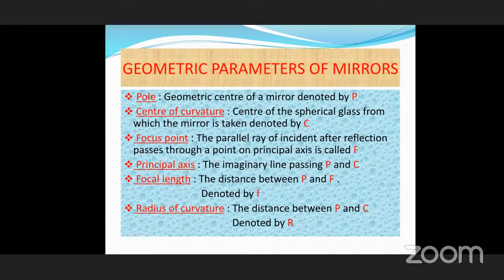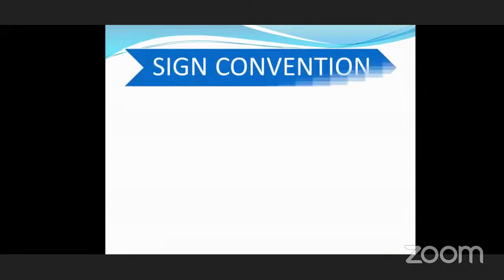The principal axis is the imaginary line joining P and C. Focal length means the distance between the focus point and the pole, and radius of curvature means the distance between the pole and the center of curvature. So always, focal length and radius of curvature should be measured from P, the pole of the mirror. These are the important parameters before going further.